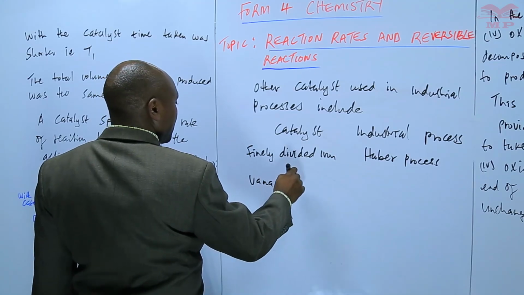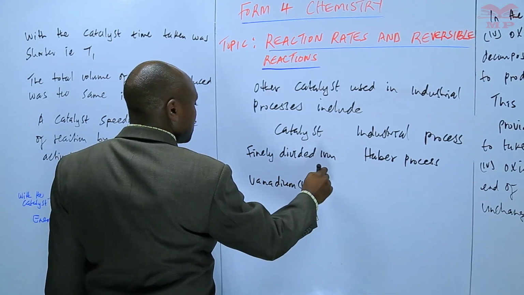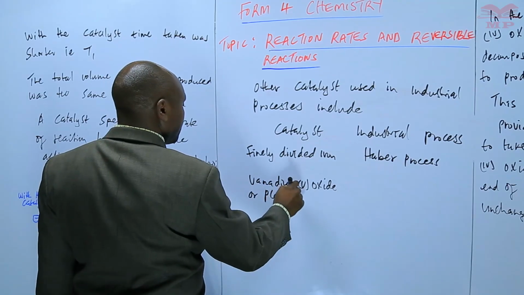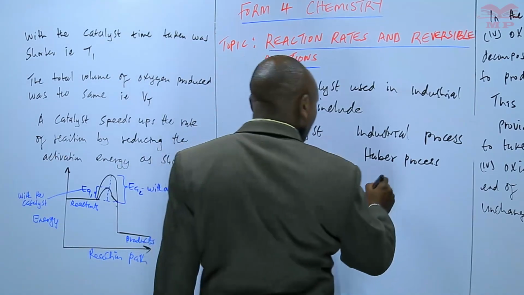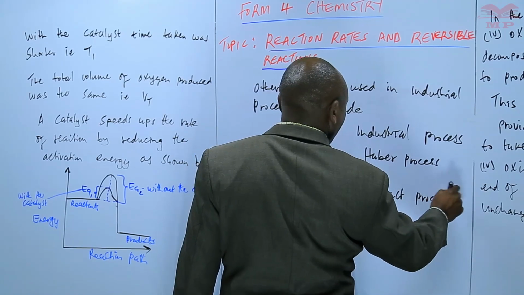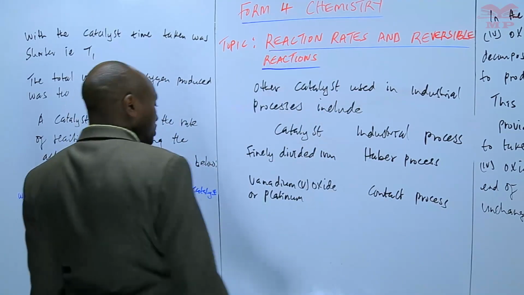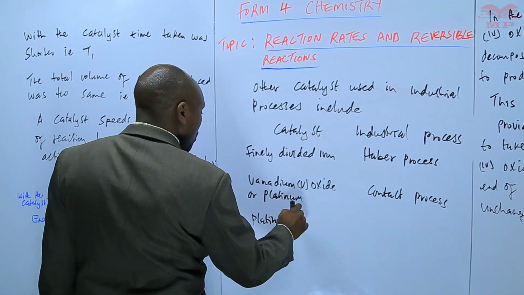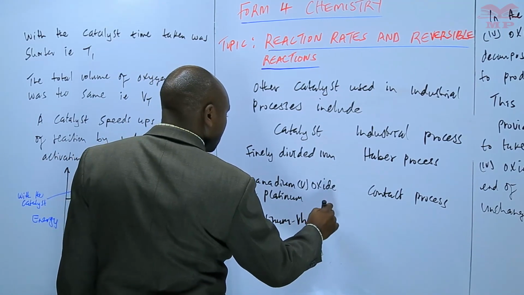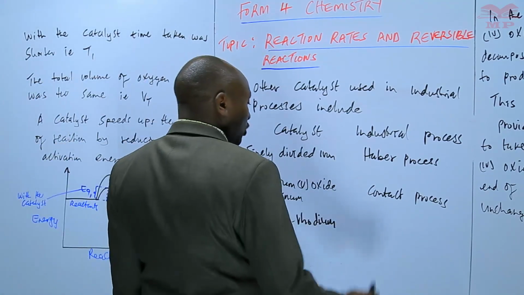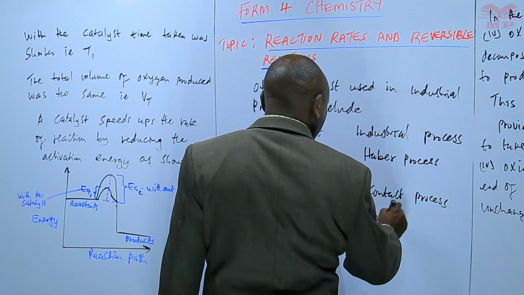Then we use vanadium 5 oxide or platinum in the contact process. And then we use platinum rhodium catalyst in the Ostwald process.